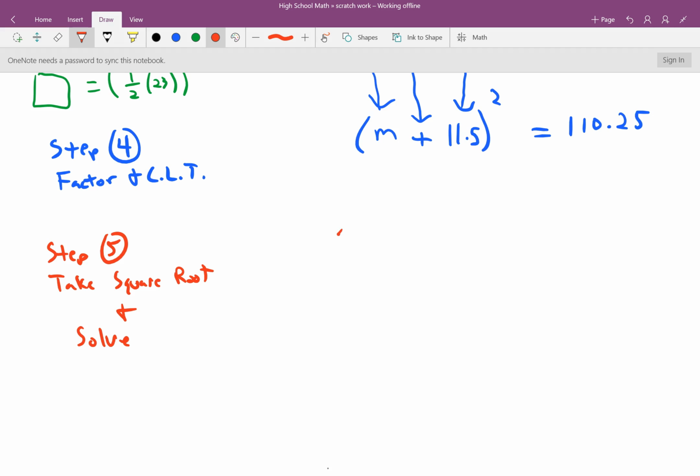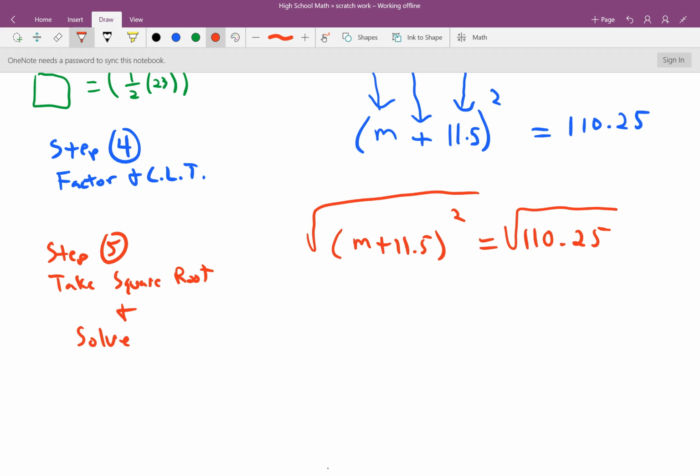So we have m plus 11.5 squared is equal to 110.25. We're going to take the square root of both sides. We're just undoing that square. The whole purpose of this completing the square thing was to write it as one binomial squared so we can easily get this done. When we take the square root, this square root cancels with that square there.